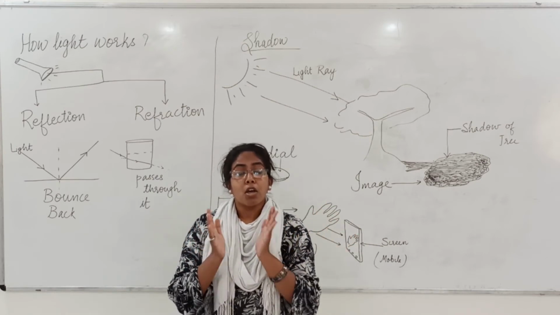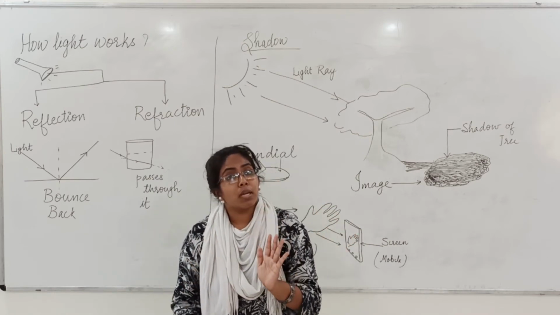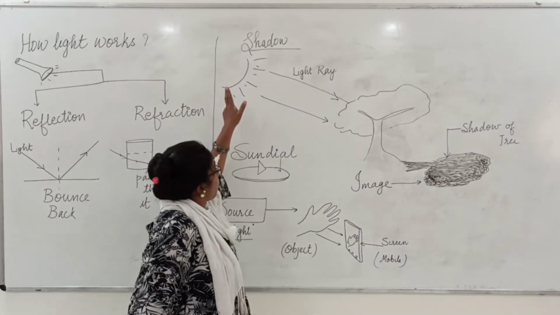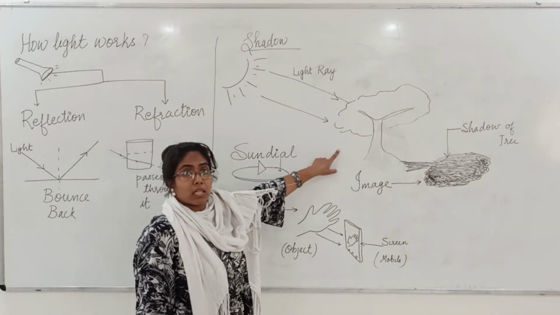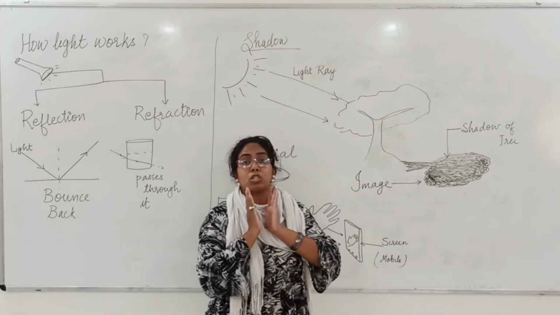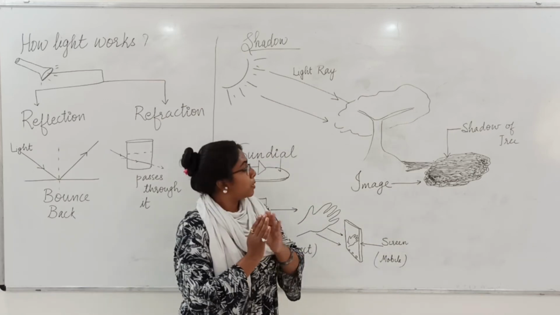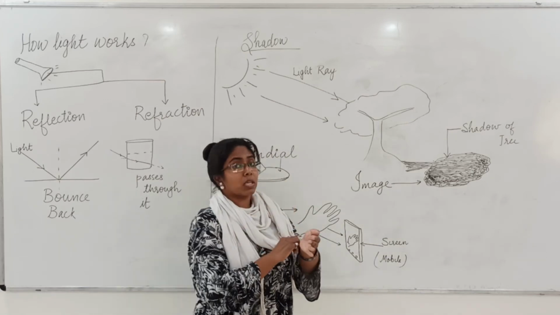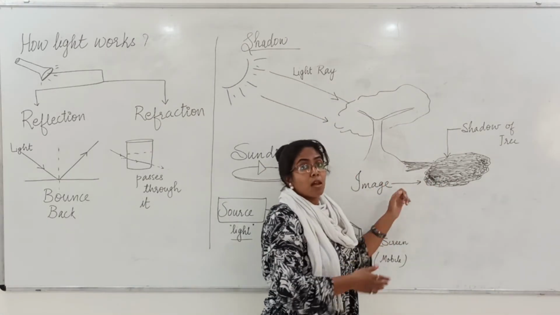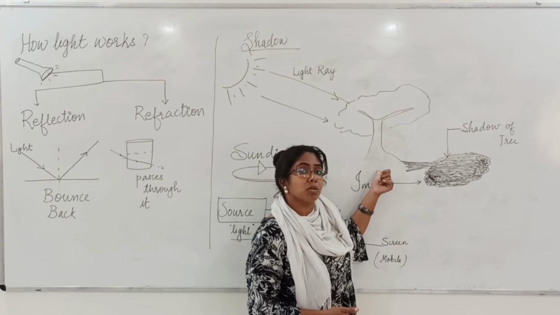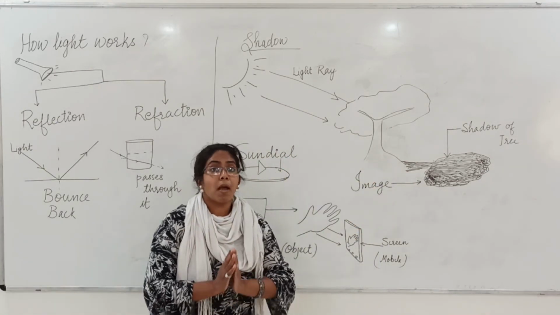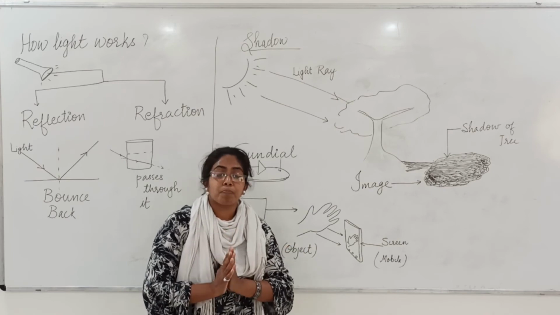During the morning and evening, as soon as the sun falls on any object, the shadow appears longer, and during noon, the shadow appears very short. Can you see that here the image which is formed is very short? So this is afternoon, and if the shadow is formed long, then it will be morning or evening.